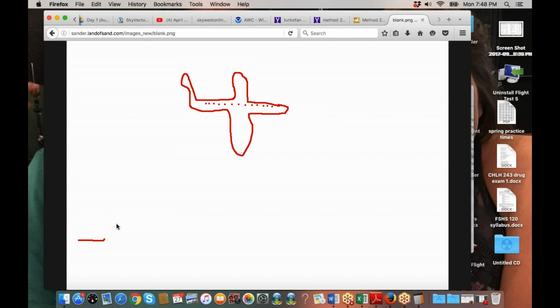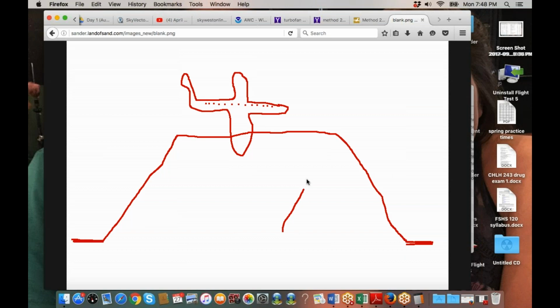So we have taken off. We are in cruise. And then we have a descent and land. Exactly to scale there. Just kidding, it's not. And let's say we have this huge mountain. Maybe I should make this a different color.